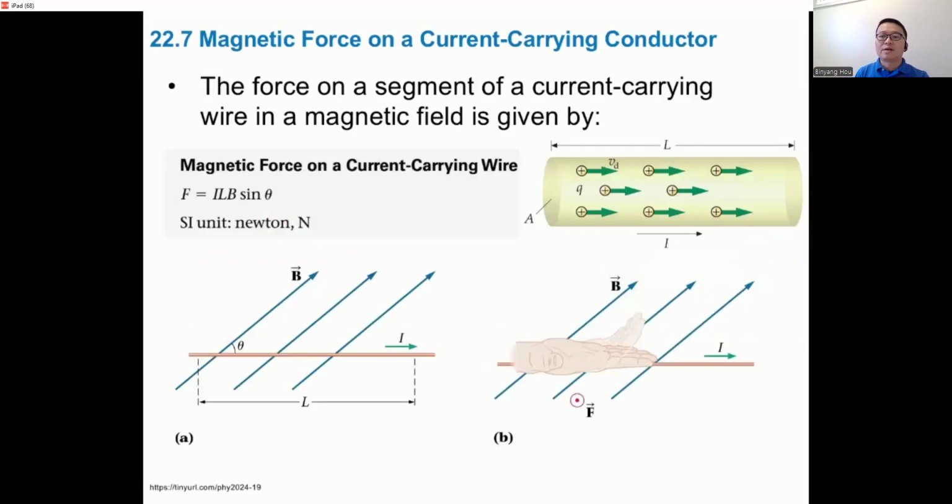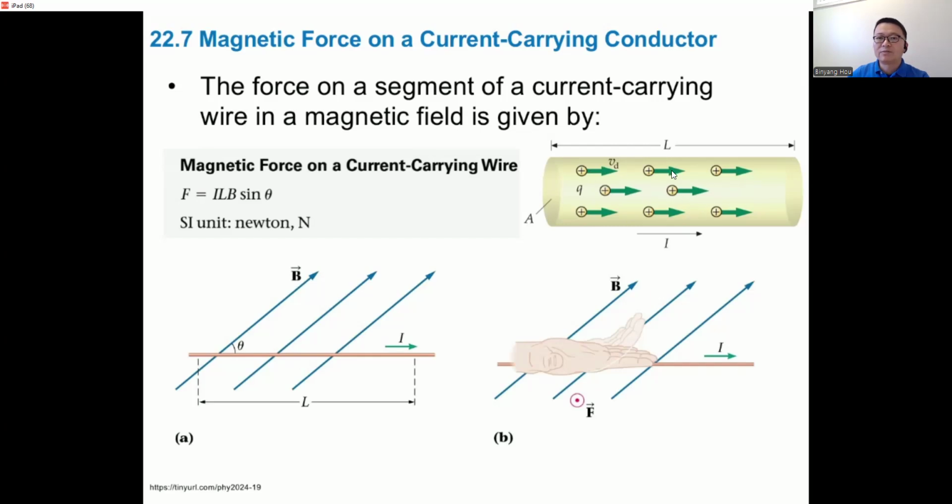All right, so moving on to the next section here: magnetic force on current carrying conductors. We know that if you have charges moving inside a magnetic field, then there will be magnetic force on the charges. A conductor that carries current is basically many charges inside the conductor moving in the same direction.